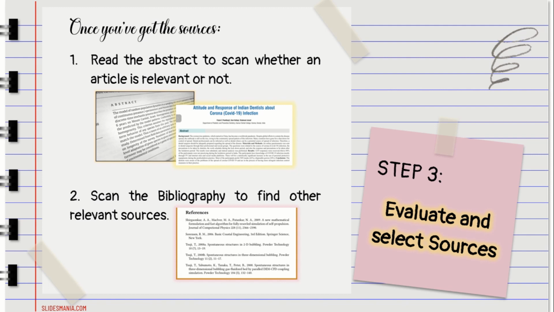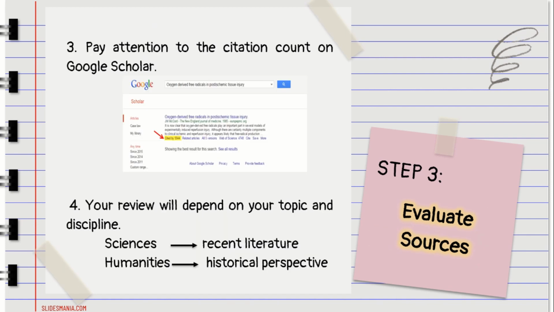Also scan the bibliography to find other relevant sources. You should also pay attention to the citation count on Google Scholar. Take note, a high citation count means the article has been influential in the field and should certainly be included in your literature review.